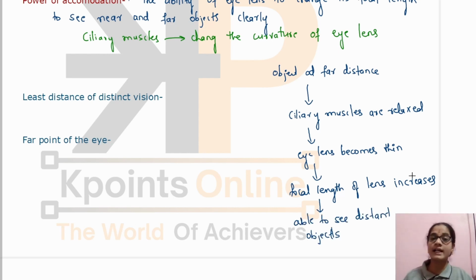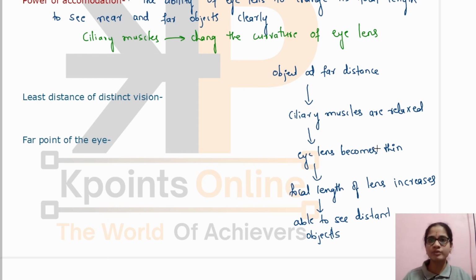See here, our eye lens is not made up of glass like what we have studied in the previous chapter. It is made up of a fibrous jelly-like material, so that the curvature of this eye lens can be changed by the ciliary muscles because of its flexibility. We want to see the objects which are far away from us and also the objects which are nearer to us. In the previous chapter, when the objects were kept at different distances, the images were formed at different distances. But here, that is not the case.